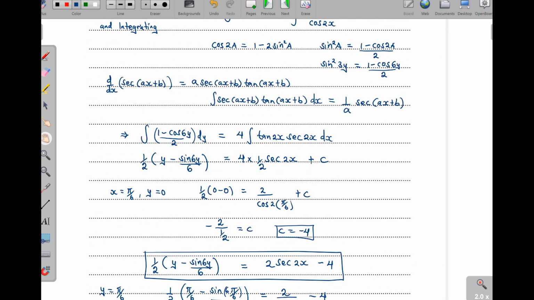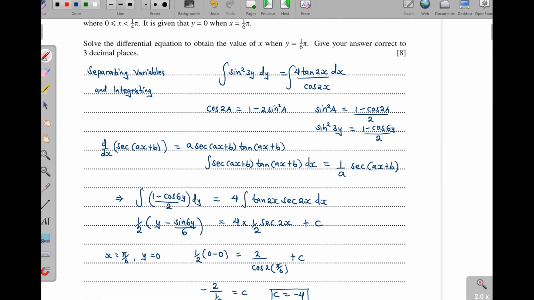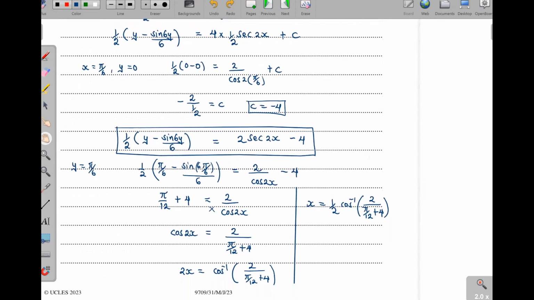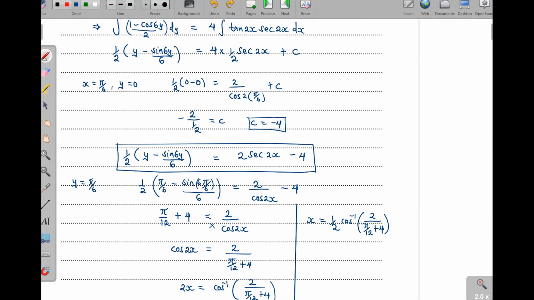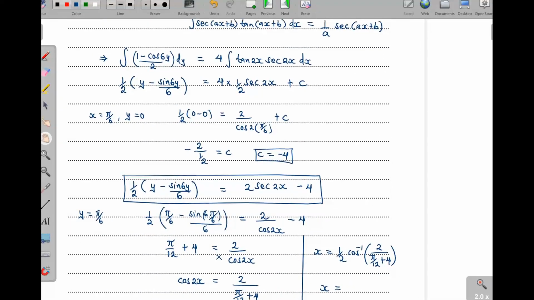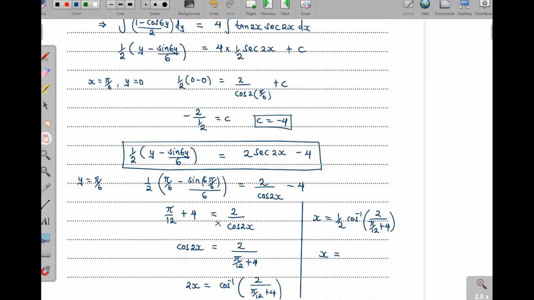And they said here that the x ranges from 0 to pi over 4. That is the first quadrant. And of course, what we are having here is positive. You see that? So you just press this in the calculator and then you give your answer to how many decimal places do they want? 3 decimal places. So the calculator has to be in radians here.